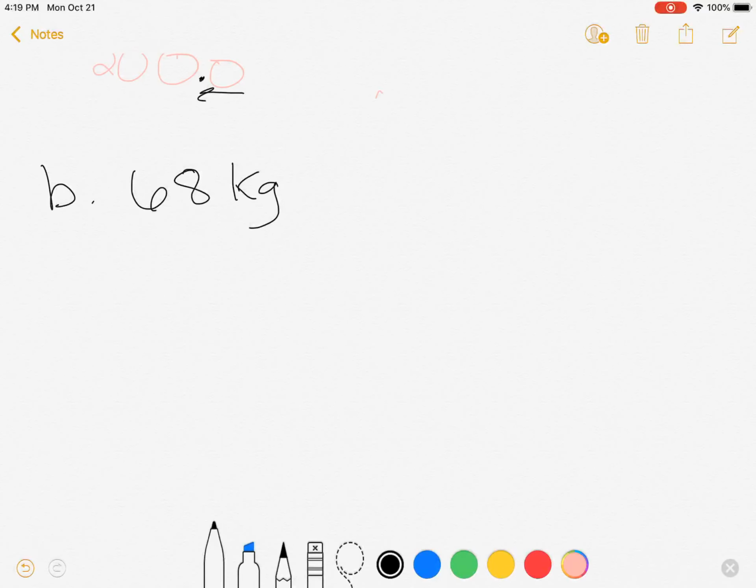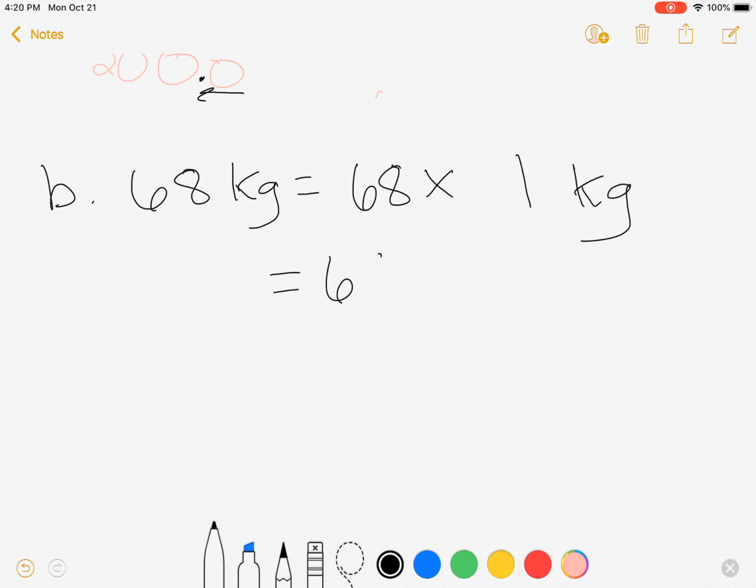Okay, so we want to get to grams. So 68 kilograms equals 68 times 1 kilogram. Now how many grams are in a kilogram? 1,000. In the metric system kilo is 1,000.